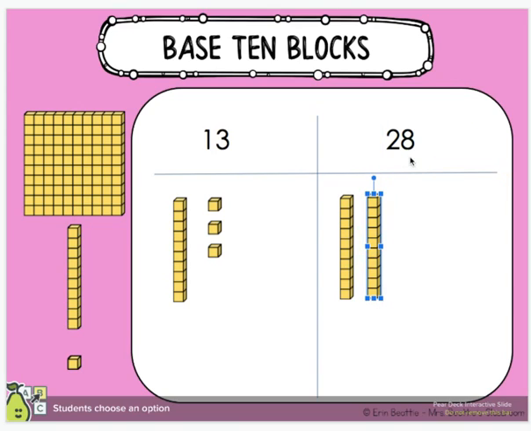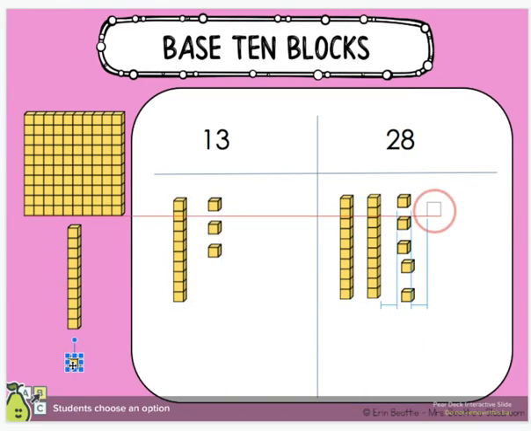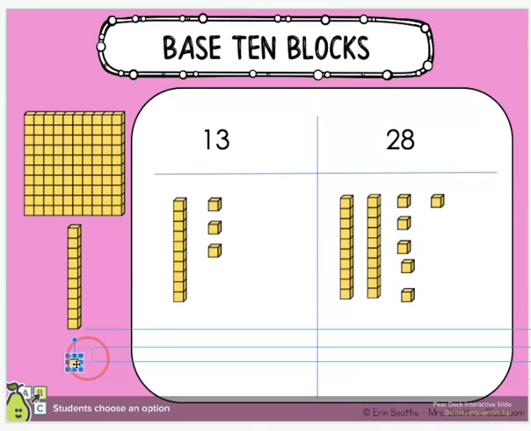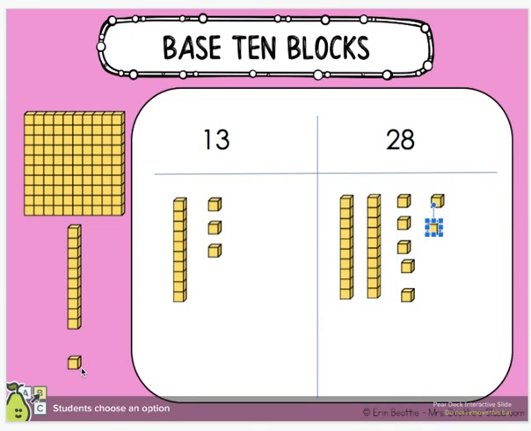Next, I have the 8 in the ones place, which means I need to put 8 ones under the number 28. So I have 1, 2, 3, 4, 5, 6, 7, 8.